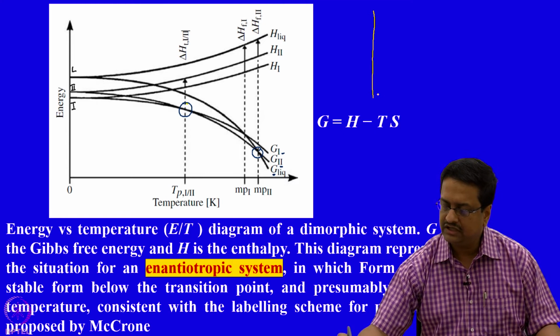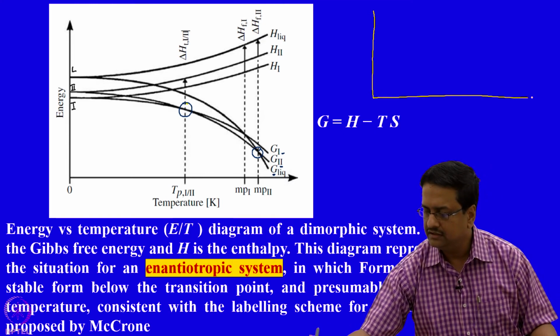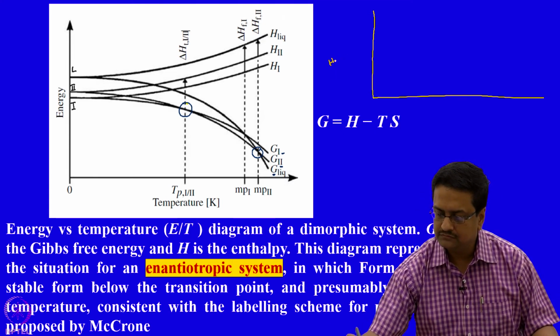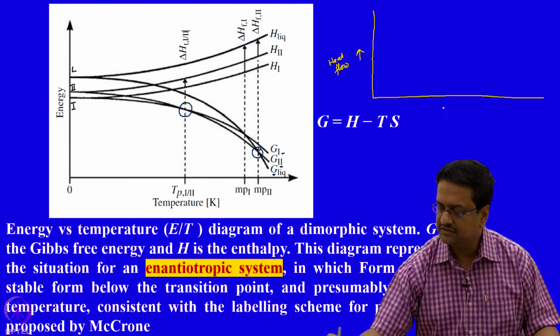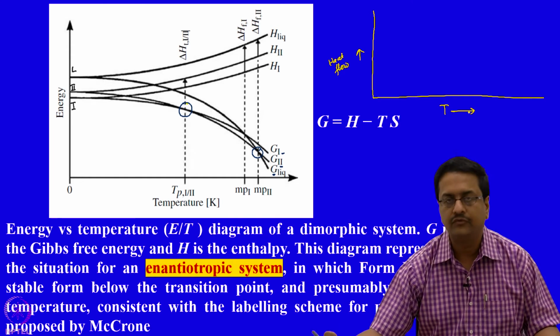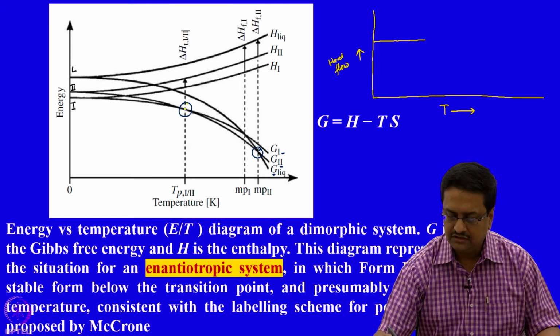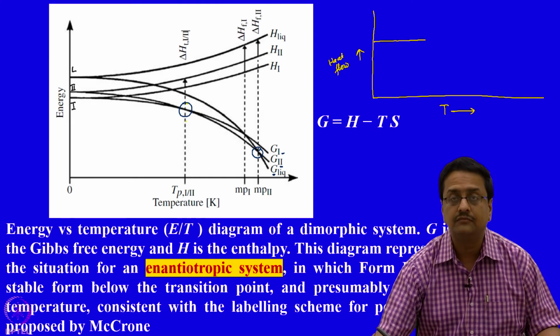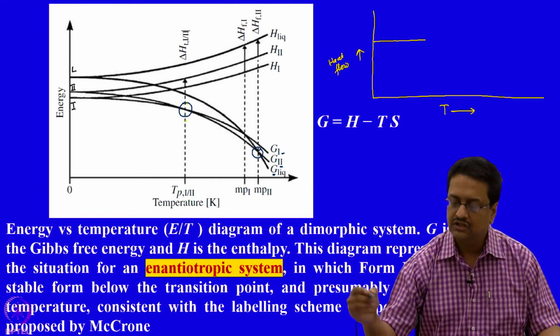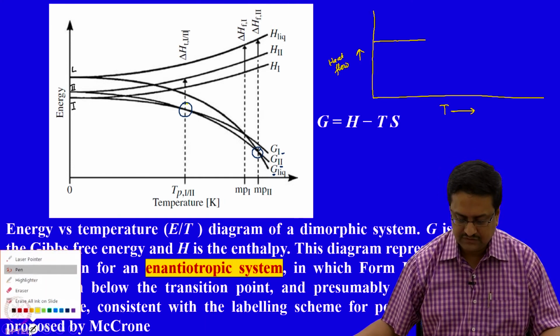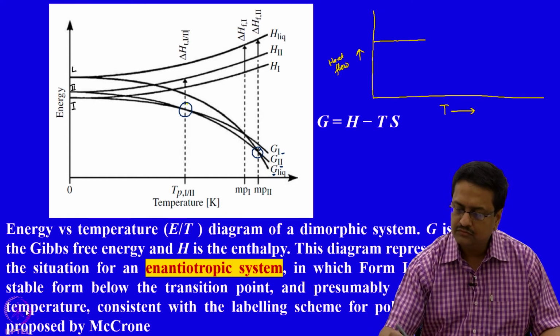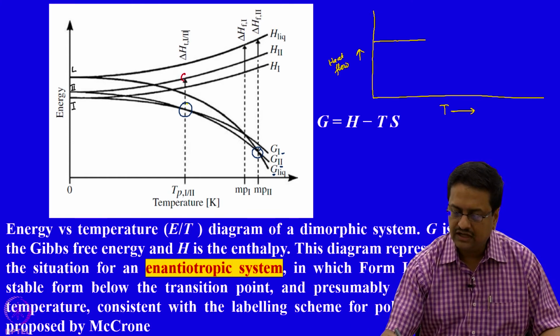Suppose we are plotting the heat flow versus temperature of form 1. On heating, form 1 at some temperature gets converted to form 2, and form 2 has higher energy compared to form 1.